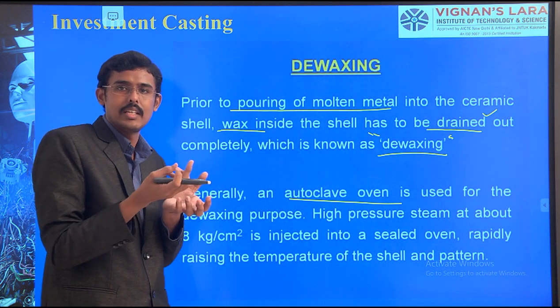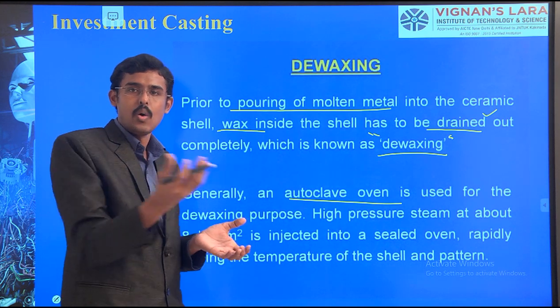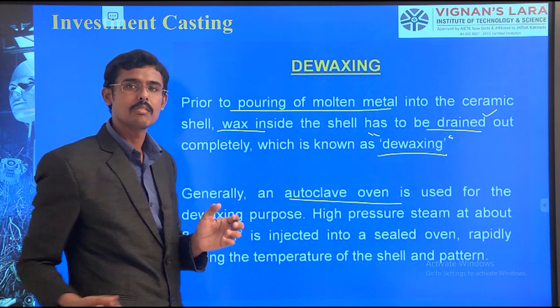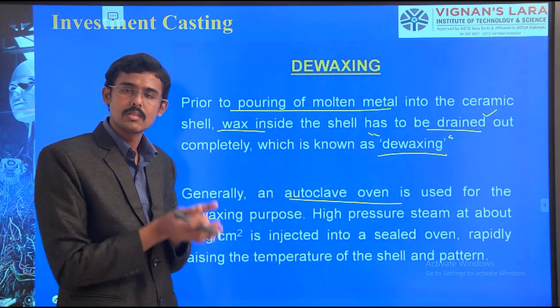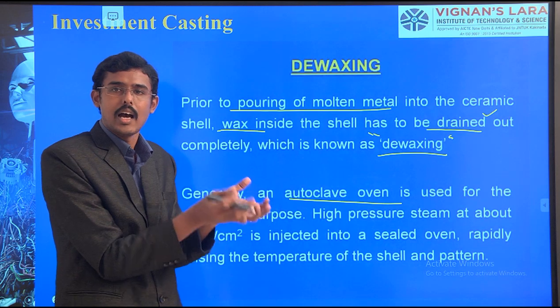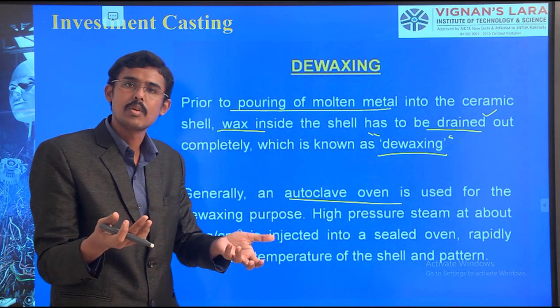In such a way the dewaxing will happen, and the ceramic shell mold will remain, empty, with the cavity. On the cavity, we can pour. In such a way we can do it easily.